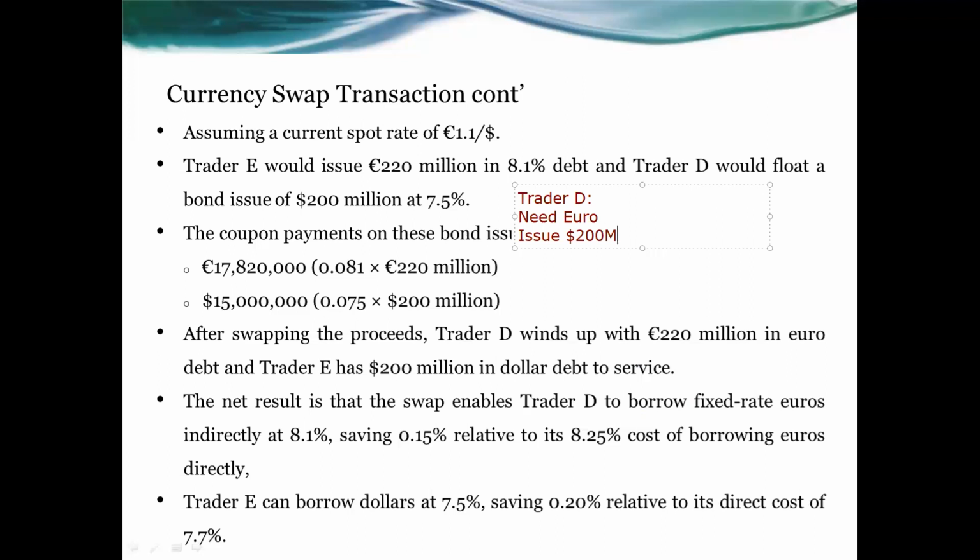Now, forget the interest rates. What are the interest rates? For dollar, it is 7.5 and for euro, it is 8.5. Right? Now he finally received this 7.5 million things now. Let's see something like that.